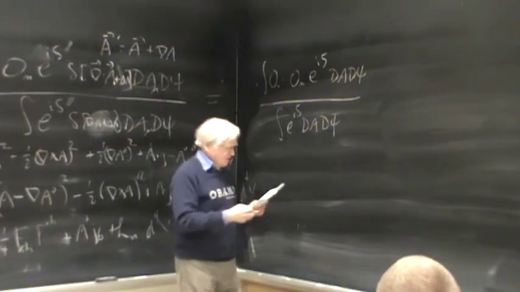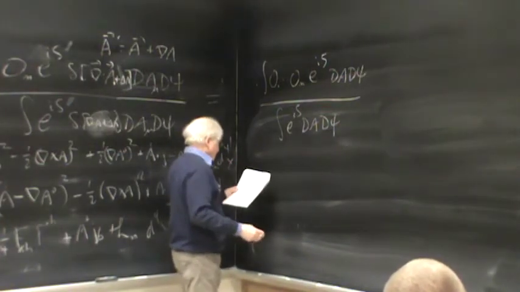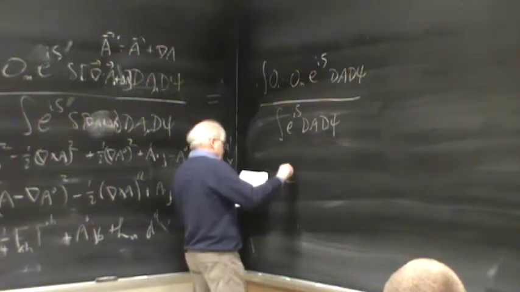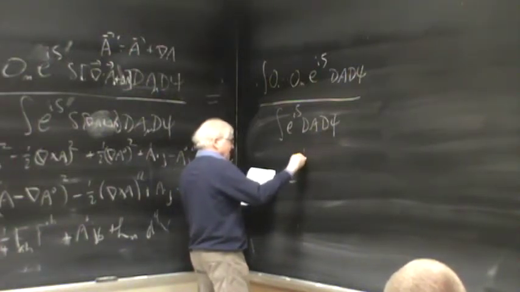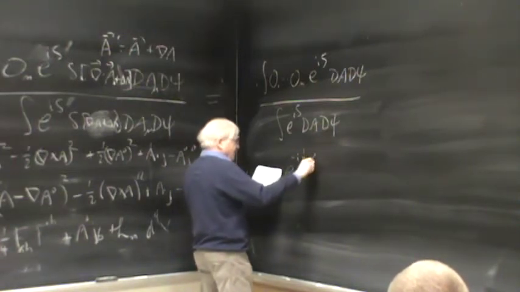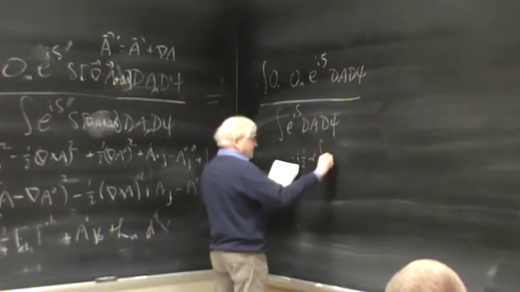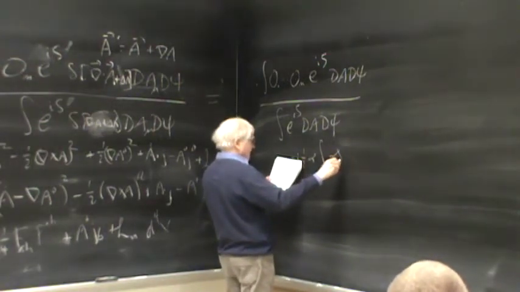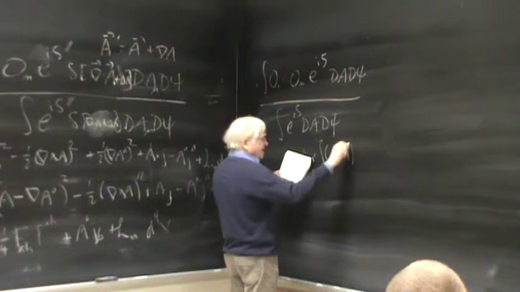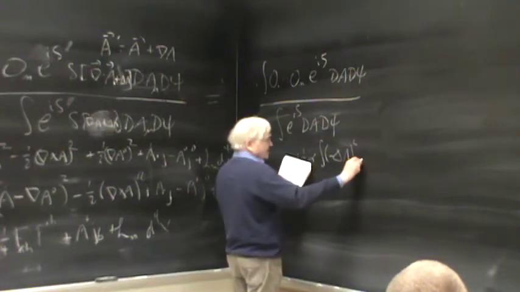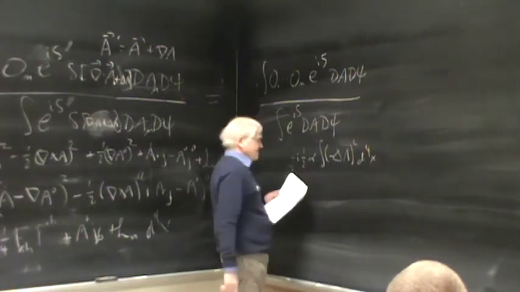All right, so let me just show you what the factor is. The factor is e to the minus i over 2 alpha integrated, minus, I don't know why I have minus here because I'm squaring it. Okay, so that's the factor.